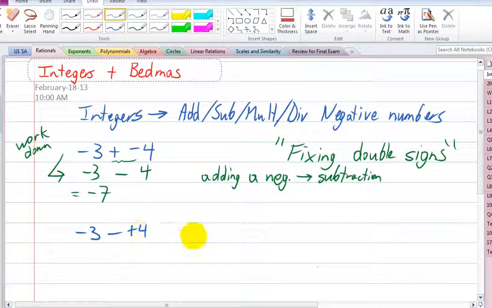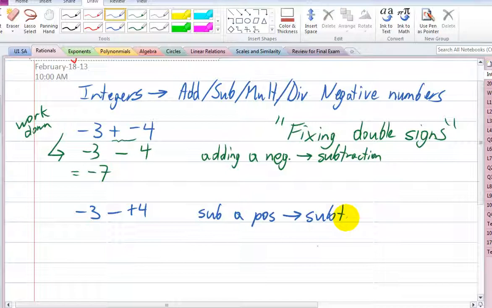Okay. Now, say we started with negative 3 minus positive 4. Okay. So when you subtract a positive, really what we're doing is subtraction. Nothing changes. So we still get negative 3 minus 4. We still get negative 7.